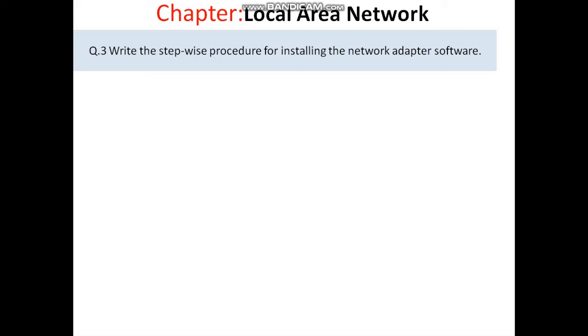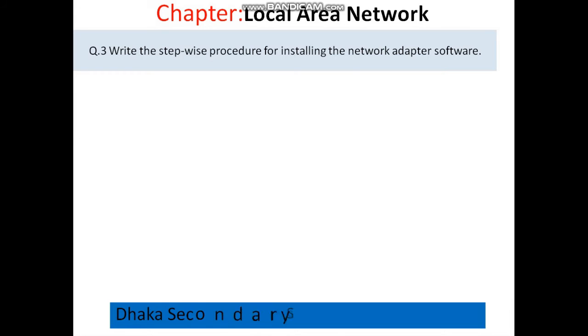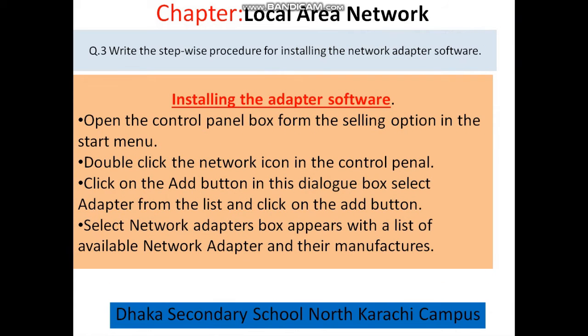Write the step-wise procedure for installing the network adapter software. Starting the procedure, open the control panel box from the settings option in the start menu. Double click the network icon in the control panel.